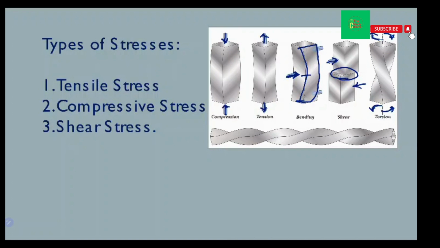Okay, coming to the topic, types of stresses. There are three types of stresses: tensile stress, compressive stress and shear stress. Tensile stress. In tensile stress, two equal and opposite pulls are applied, as a result of which the length is increased.